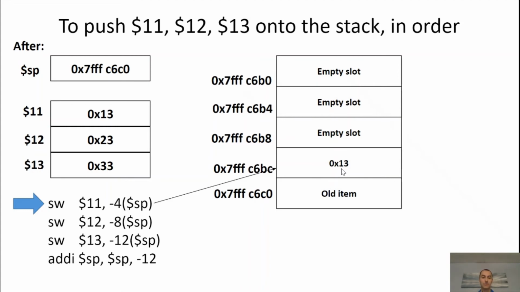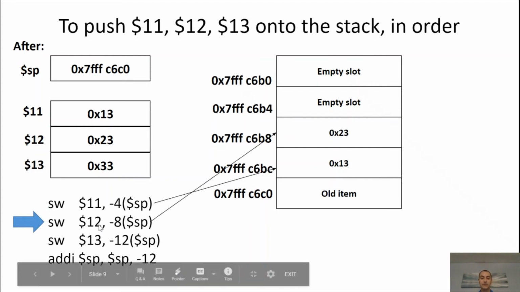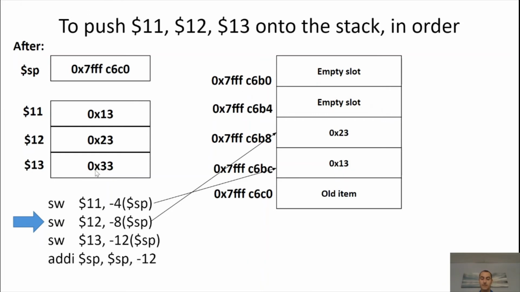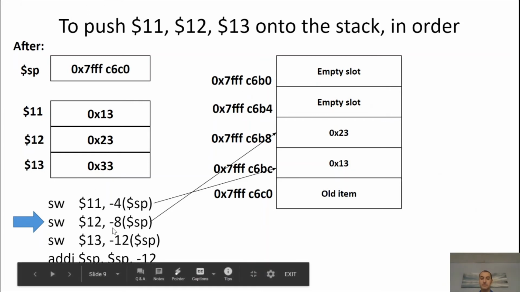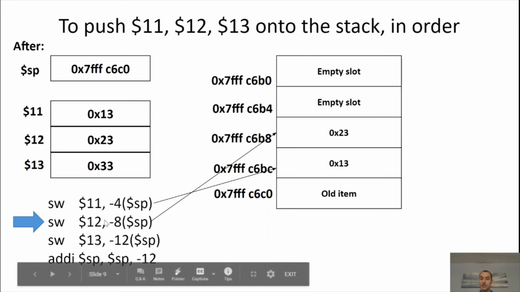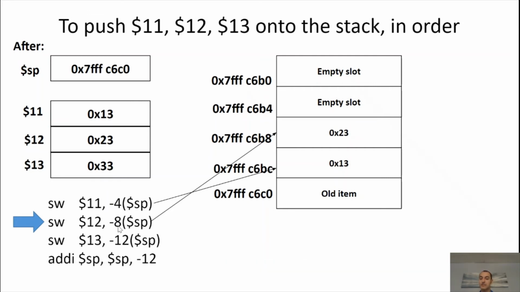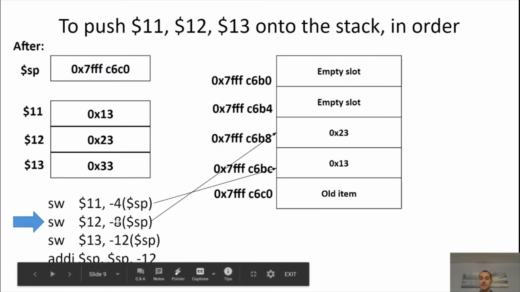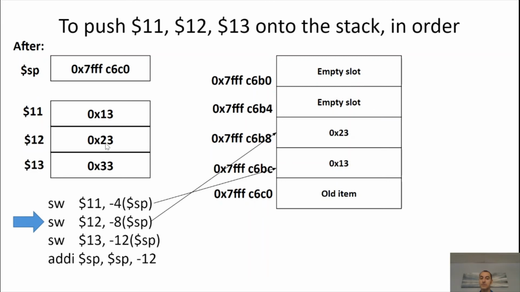The next line of code takes register 12, which is this data, and uses an offset of -8. The stack pointer is still pointing to this location, but this time we are using an offset of -8. That means we are going to write the content of register 12, which is this hex number 23, to an offset of -8 from this location. So that is where it's going to be saved.